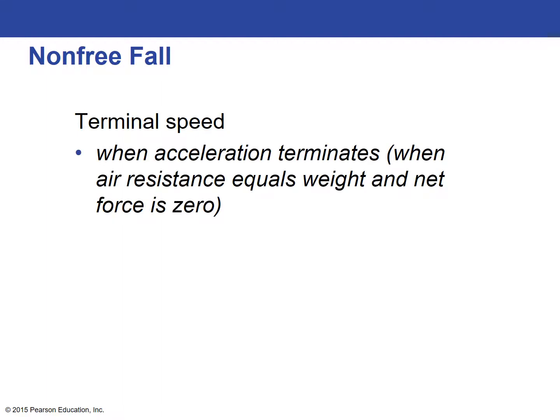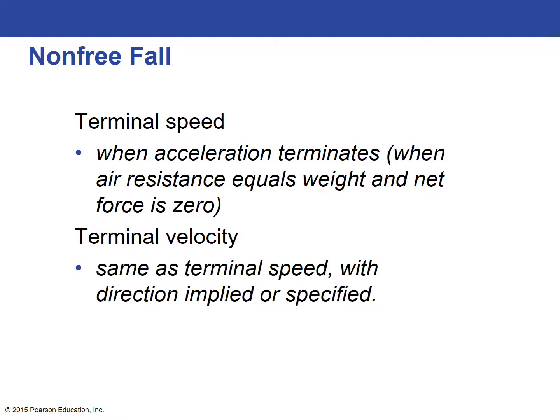We can also call this our terminal velocity, our terminal speed, when we stop accelerating. What's the difference between terminal speed and terminal velocity? This is another review question. It's terminal velocity when there is a direction involved.